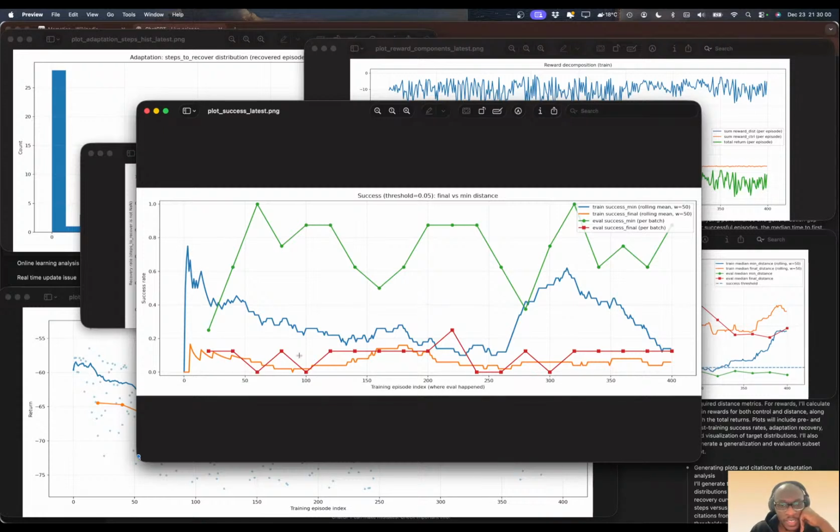So what we are seeing here is that final success is not really matching up with the training, right? But it's trying, and every time it tries to recover, it never really stays there. That's why you see so many jumps.